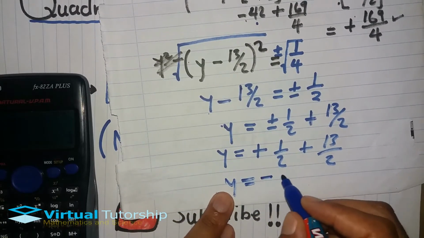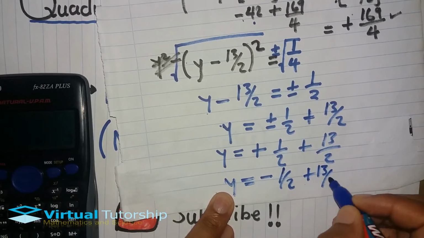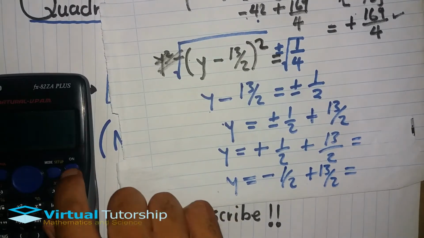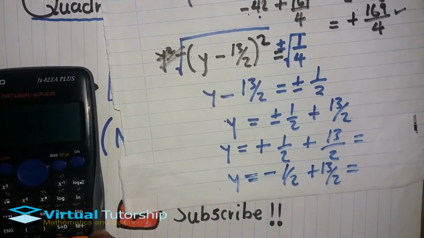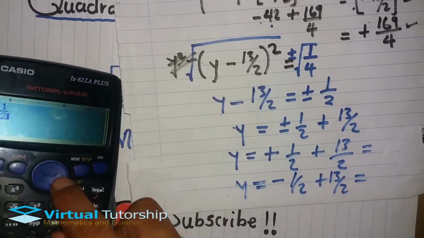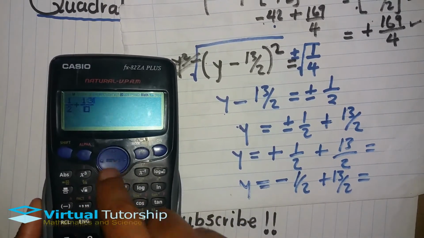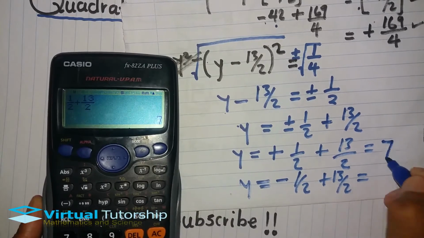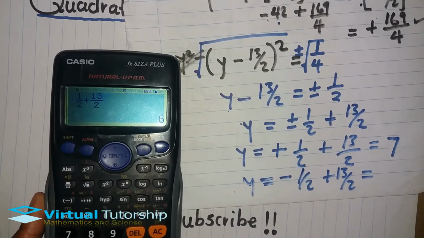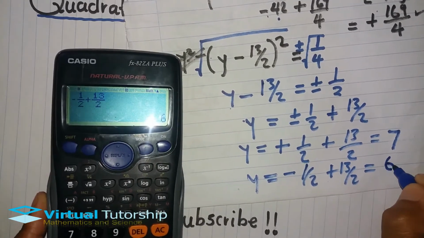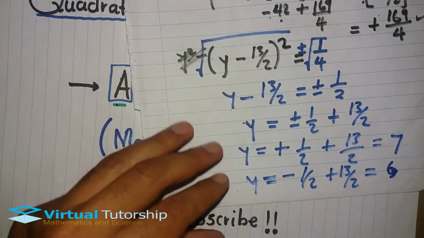The second solution is minus half plus 13 over 2, which is 6.